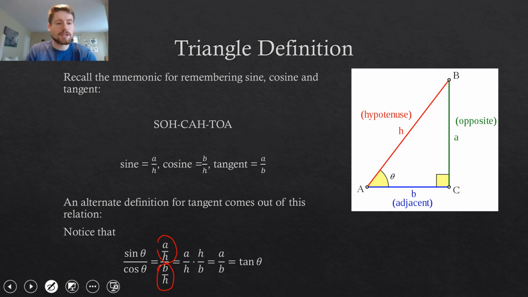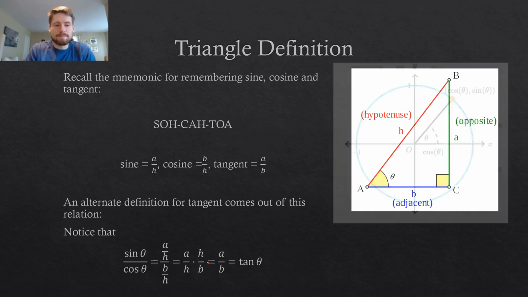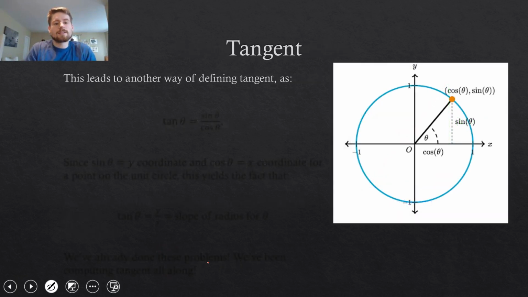So A over H times H over B. And what you see from this is that the H's will cancel, and you're left with A over B, which is what tangent is. Tangent is opposite over adjacent. So tangent is just going to be sine divided by cosine. So that's our way of defining tangent.